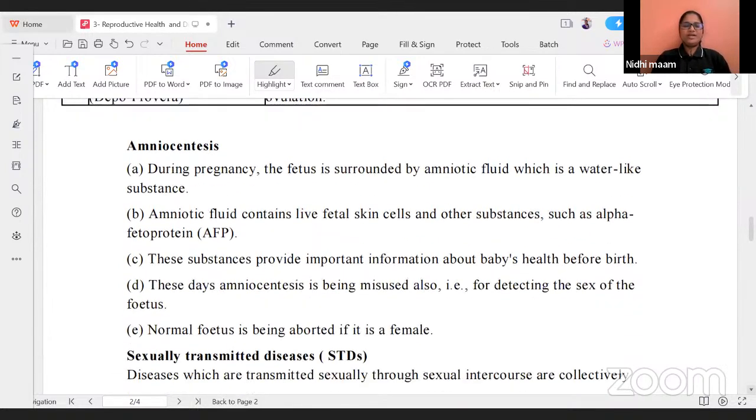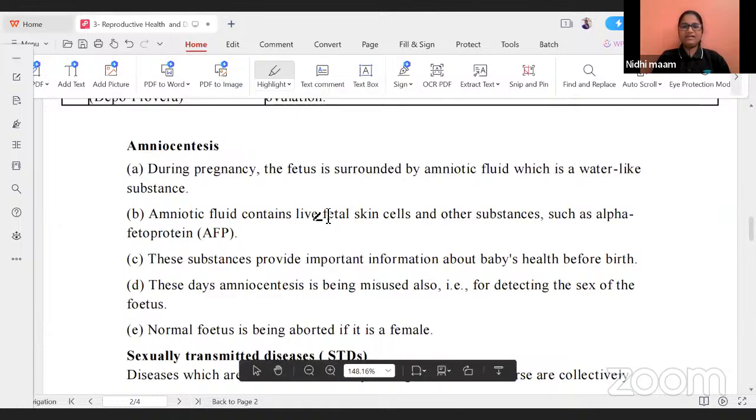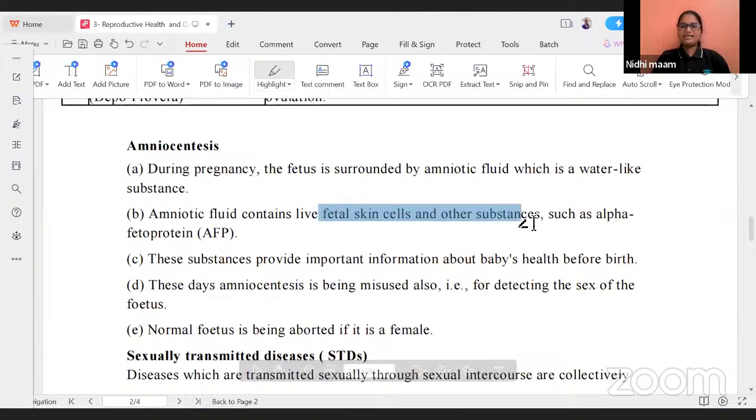Next one is amniocentesis, a test done during pregnancy to see the condition of the fetus. The fetus is surrounded by a fluid called amniotic fluid. That fluid contains fetal skin cells and other substances such as alpha fetoprotein, which is a protein present in the fetus.